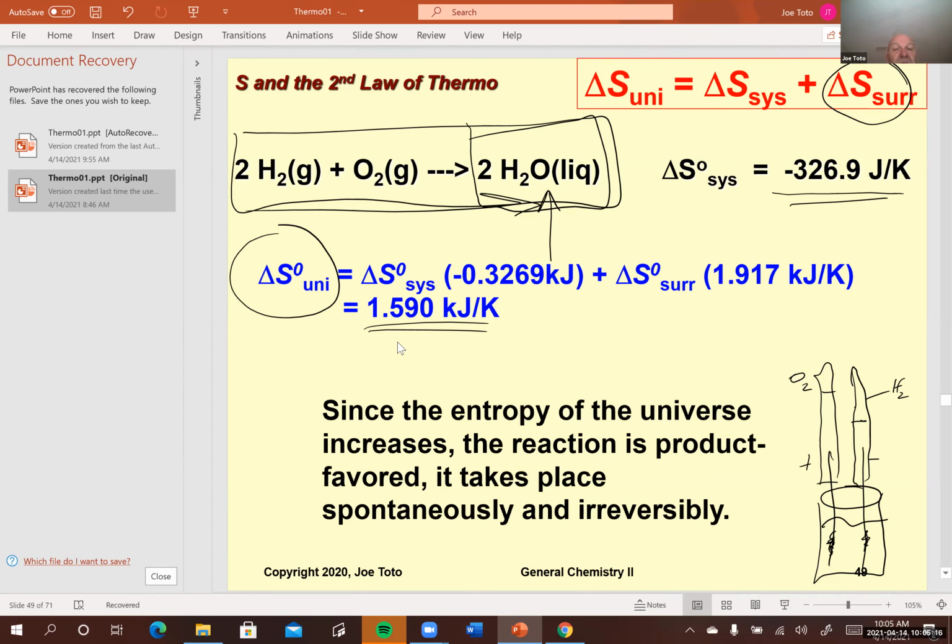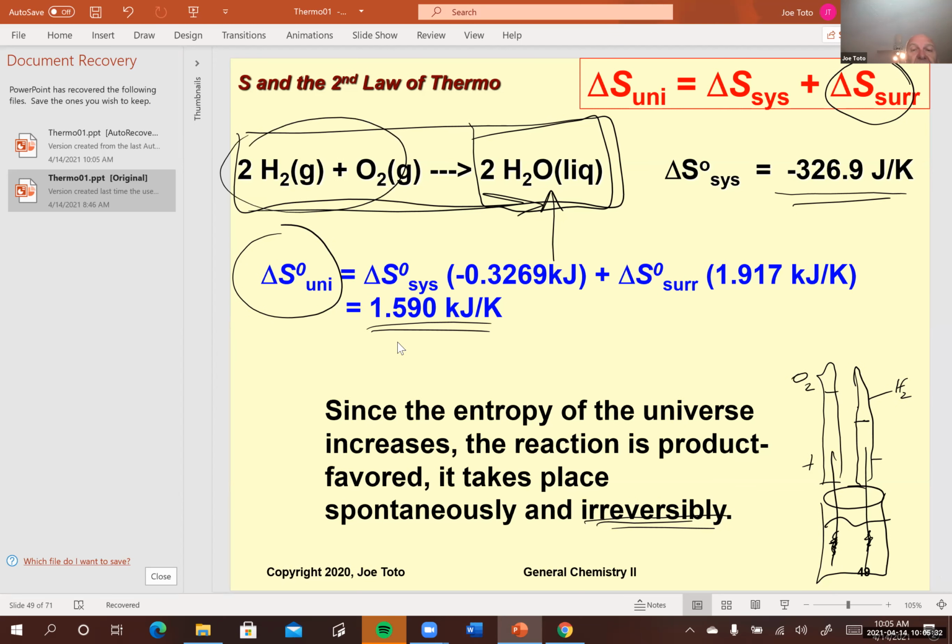So we know we can do that, right? We can reverse the reaction. But what it means to be irreversible is that if we did reverse it, it would cost us more energy to make these than the amount of energy that was given off in the process. That's what irreversibility means.